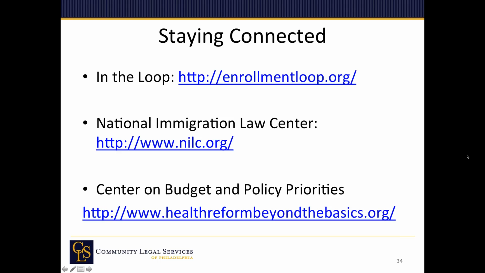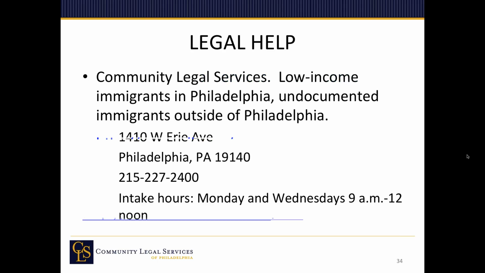The National Health Law Program runs this In the Loop list, which is very useful. The National Immigration Law Center has a list, the Coalition for Immigrant Equity and Healthcare, I think, which can be very useful for issues specific to immigrants.